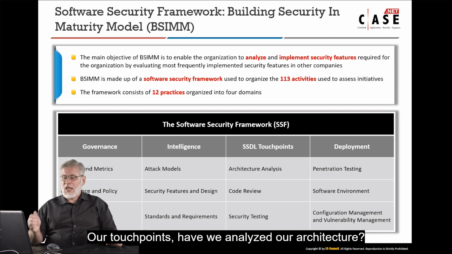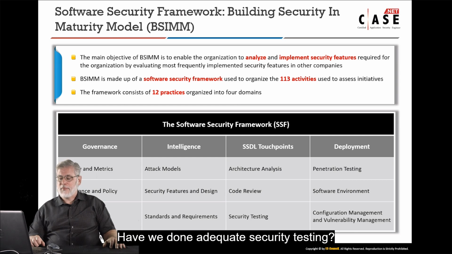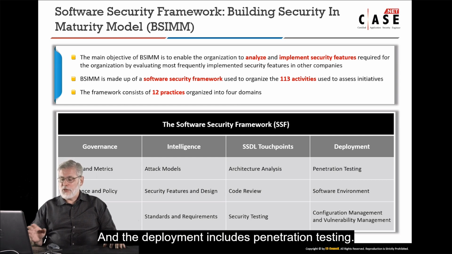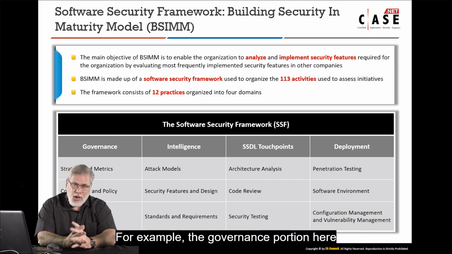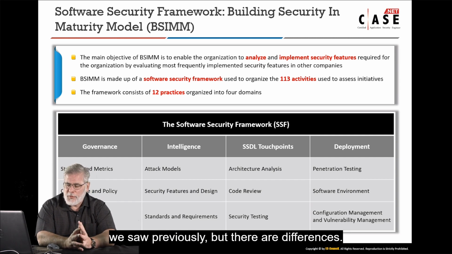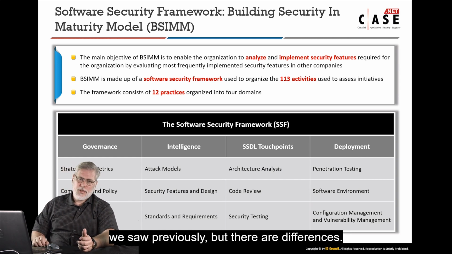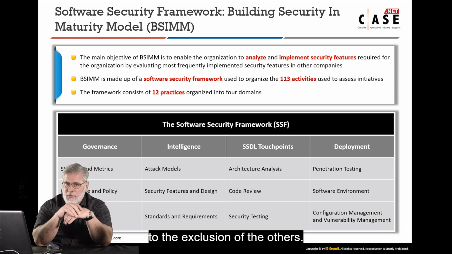Our touch points. Have we analyzed our architecture? Have we done a good code review? Have we done adequate security testing? And then deployment includes penetration testing. Now you'll notice each of these models we look at has some overlap. For example, the governance portion here is very much identical to the governance portion we saw previously, but there are differences. And it's not the case that you have to adapt one of these to the exclusion of the others.